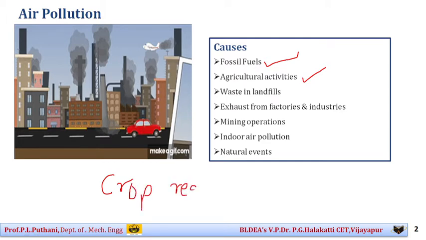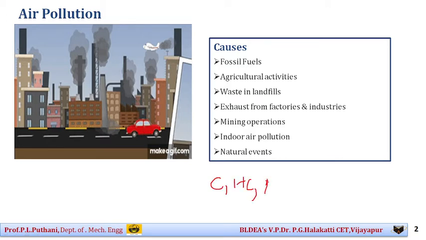But the easiest method farmers generally prefer is burning the residues. When they burn the residues, students, a large amount of dangerous smoke is generated, consisting of a high amount of carbon, hydrocarbons, NOx and SOx, and when it enters the atmosphere, the air gets polluted.